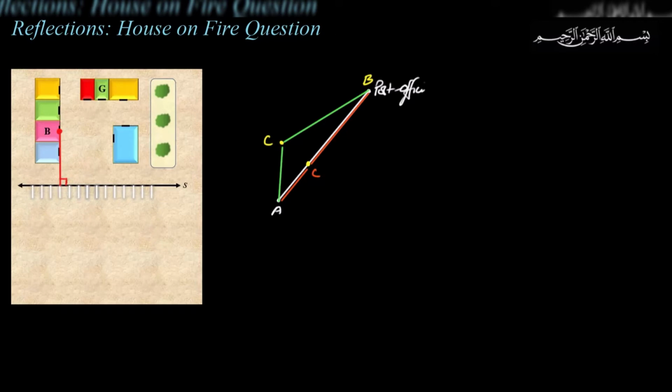And then you draw an identical segment length on the other side. So I'm going to basically reflect this. If this point is B over here, this point is going to be the reflection of B, or B prime. That is, this segment length is the same as this segment length.